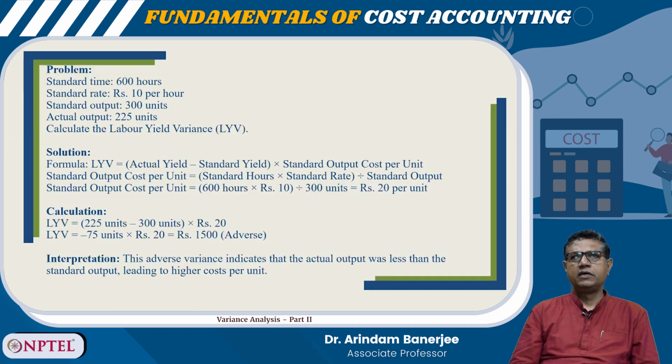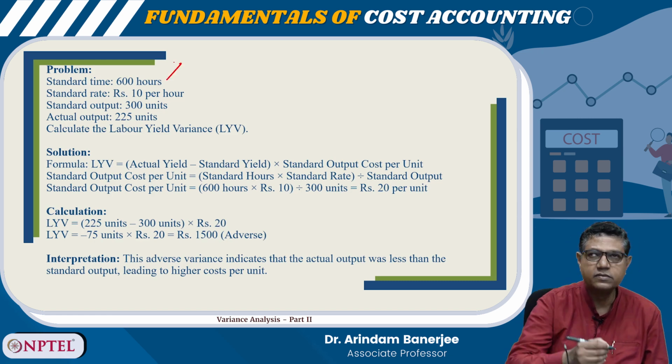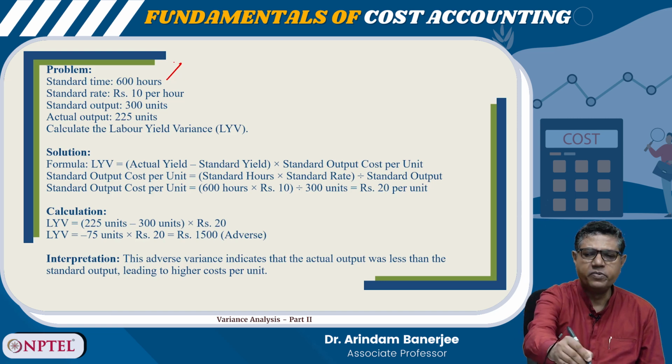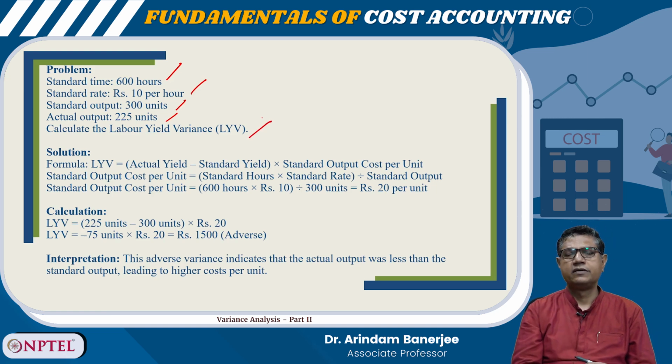So, here is the problem and its solution. Standard time is 600 hours, standard rate 10 per hour, standard output 300 units, actual output 225 units. Calculate the labor yield variance, right?